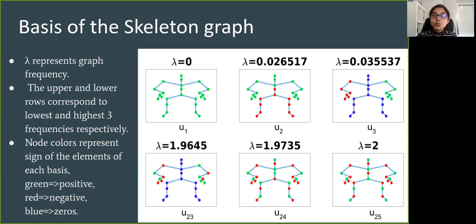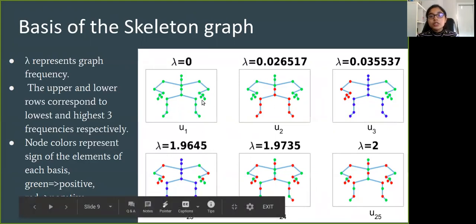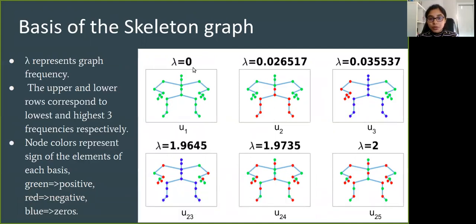If I do the graph Fourier transform or graph Fourier analysis of the skeleton graph, we find the graph Fourier basis. So here I show you the spatial graph Fourier basis. Lambda represents the frequencies. I want to talk about the node color.